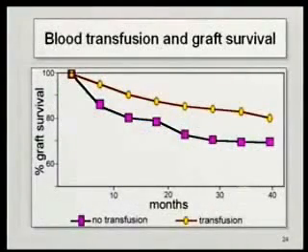What has been observed by empirical practice, and the mechanism for this effect is not really well understood or known, is that if the recipient is given small amounts of blood transfusion, 100 to 200 cc's, from the donor. Remember, they are matched for ABO, so there won't be a transfusion reaction. That's most important, of course, to match that.